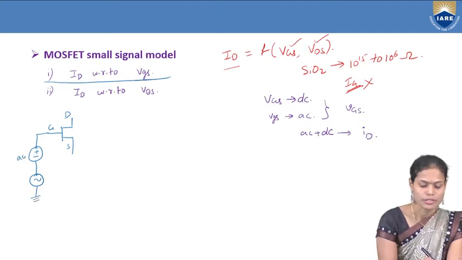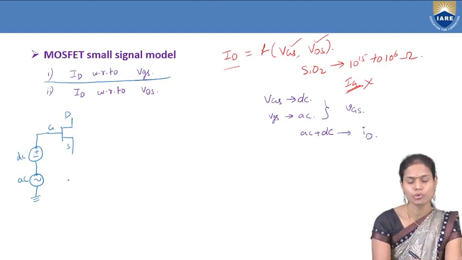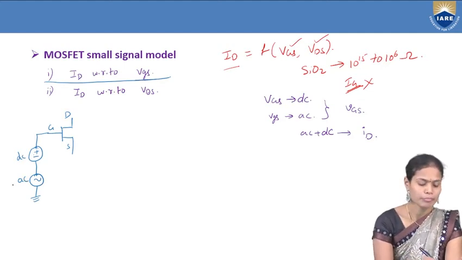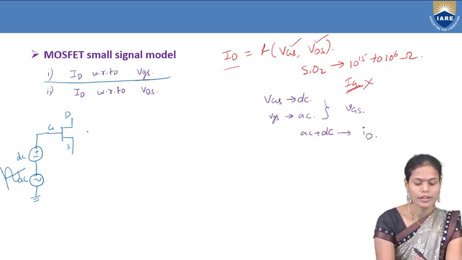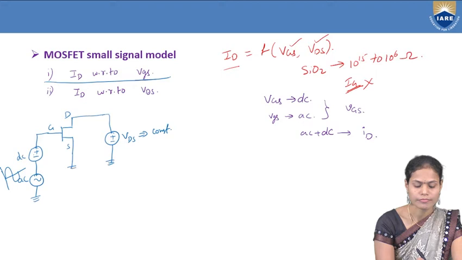This is your DC signal and this is the AC signal. The combination of both signals we provide across the input, and we are maintaining the drain to source voltage at some constant value.